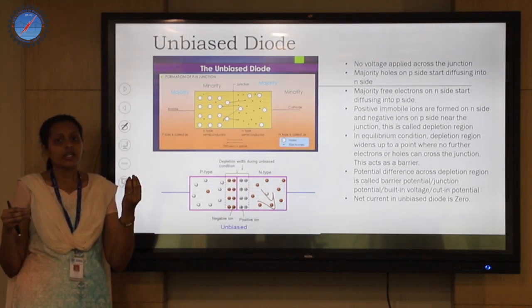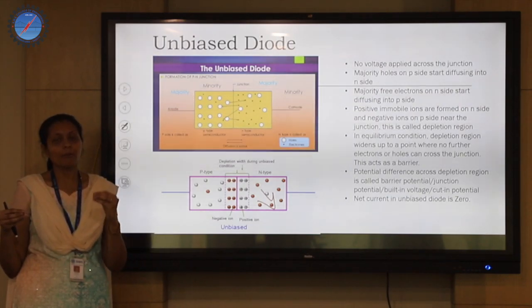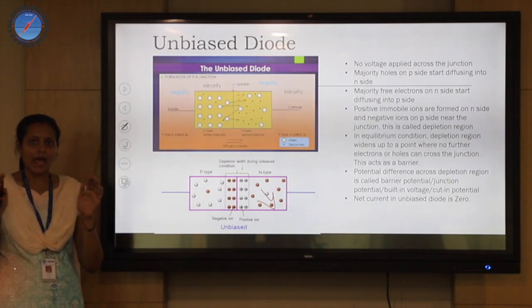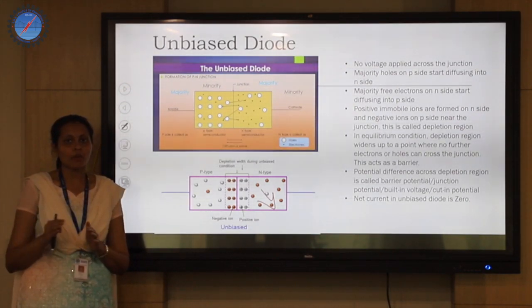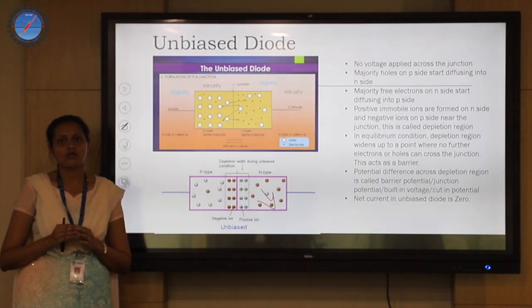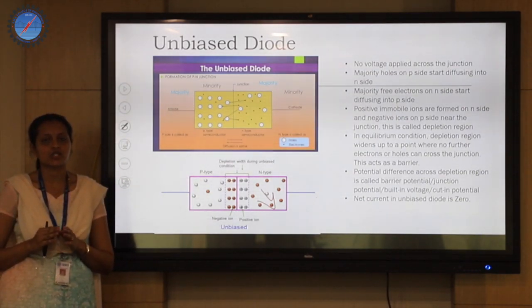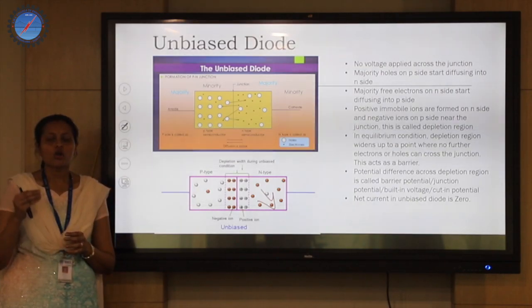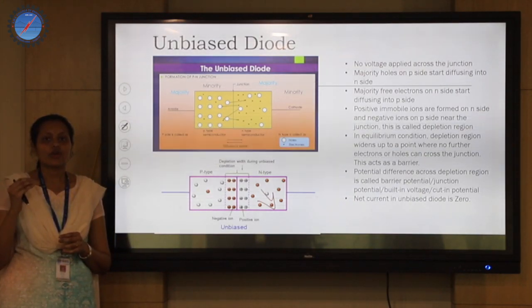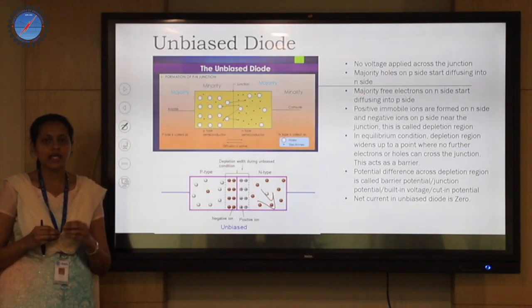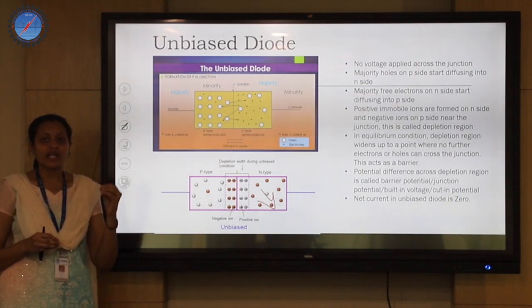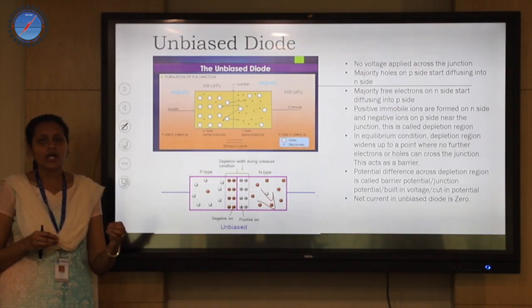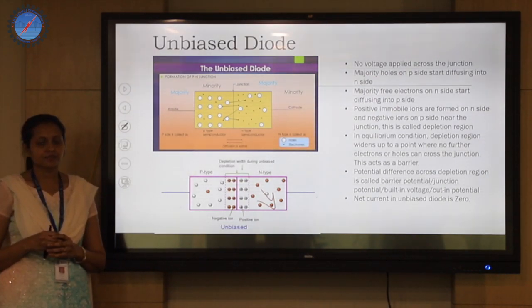And on the other side, we dope pentavalent atoms, which forms the N region. I repeat, we take an intrinsic type of semiconductor, which is a pure form of silicon crystal or a germanium crystal. On one side, we dope the trivalent atoms, which form the P type of semiconductor. On the other side, we dope the pentavalent atoms, which form the N type of semiconductor.